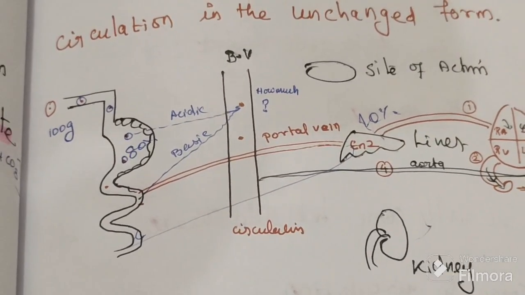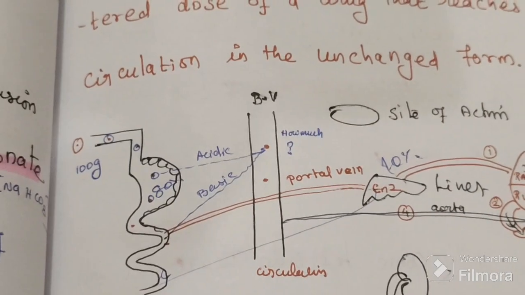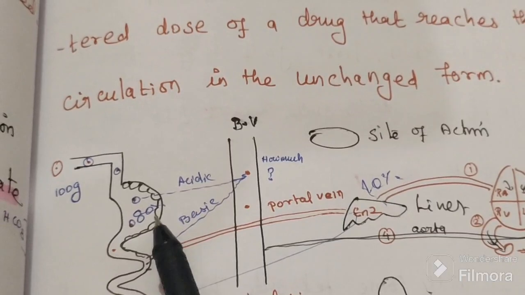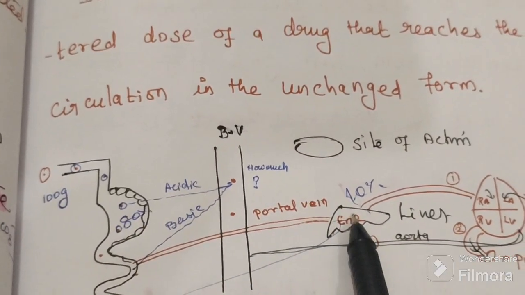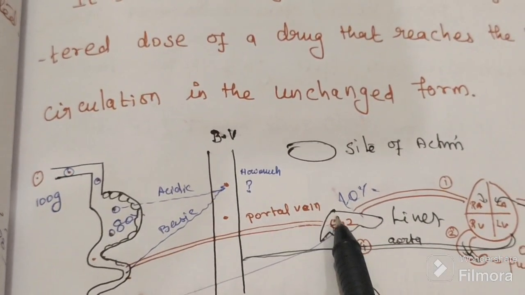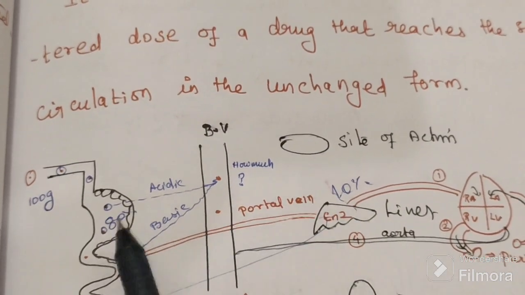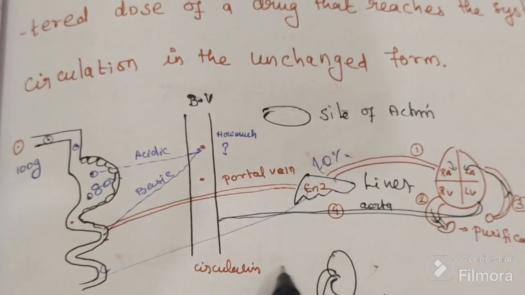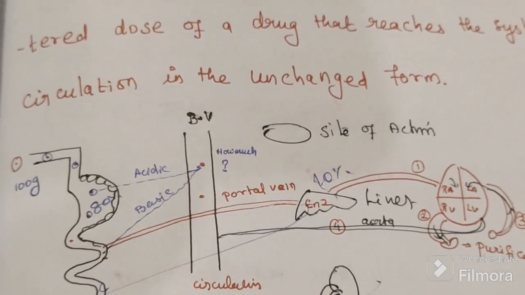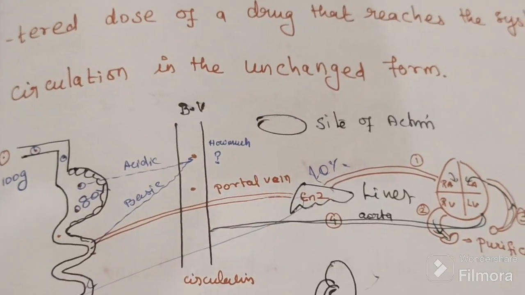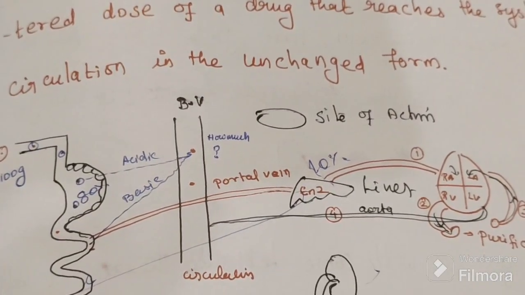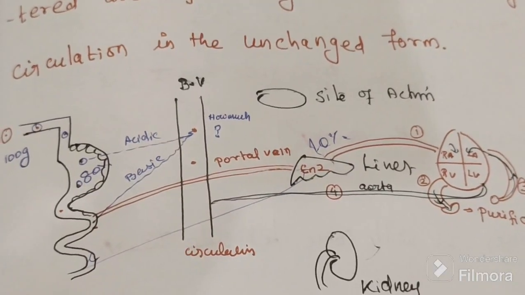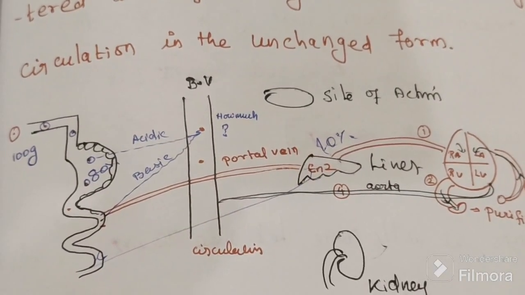This is known as first pass metabolism. We give 100 percent, only 80 percent is absorbed, and when it reaches the liver, enzyme degradation removes 10 percent, so totally 30 percent is missing and only 70 percent reaches the blood. Whatever ultimately reaches the circulation is the bioavailability.